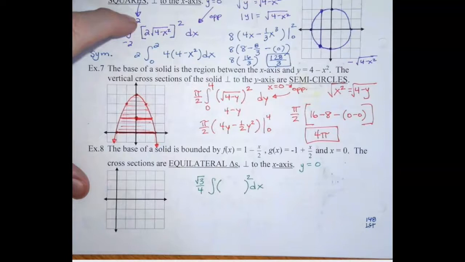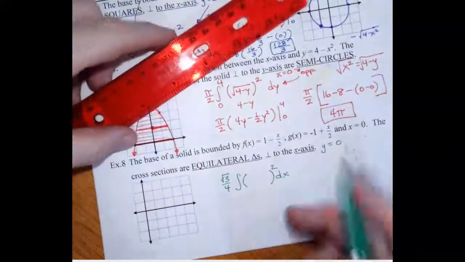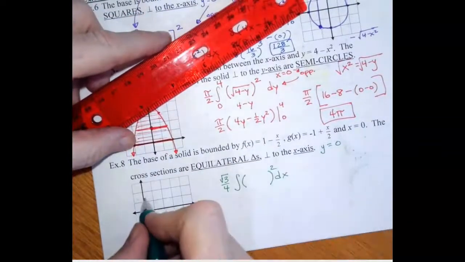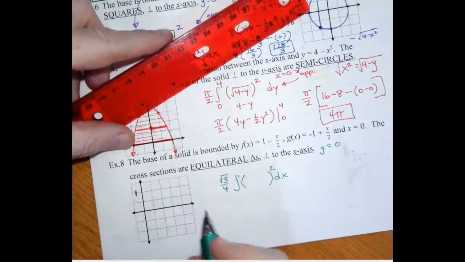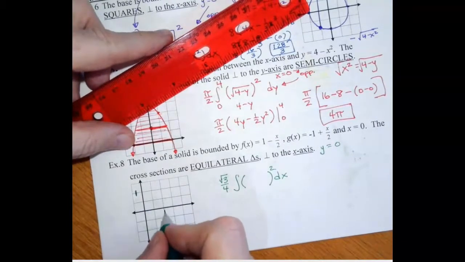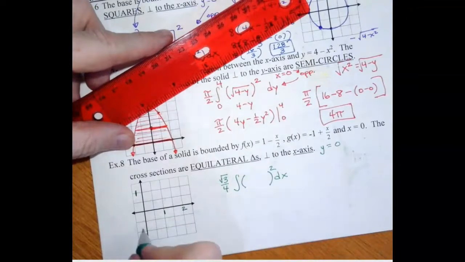And so the only two things we need to find out is what do we need to put in here and what are we going from. Okay, so this is a line with a y-intercept of 1. I will call this 1. We'll go by halves, and I'll call this 1 and 2. Hopefully that'll work. And this is going to be negative 1.